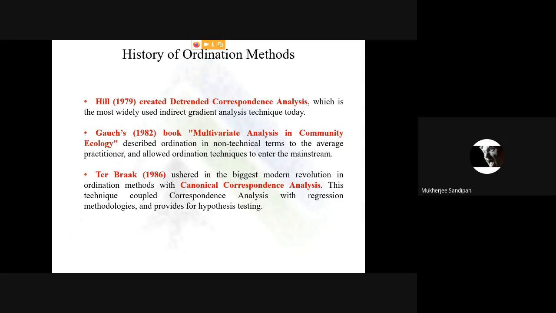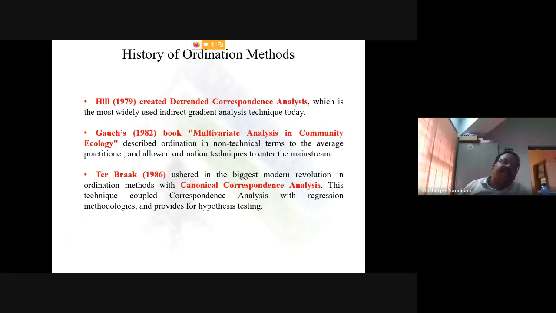Now, just briefly, this correspondence analysis was again updated by Hill in 1979, and then detrended correspondence analysis was developed, and it's still being used. For those who are interested in community ecology, I would suggest you read the book called Multivariate Analysis in Community Ecology. It is kind of the mother book when you do ecological analysis.